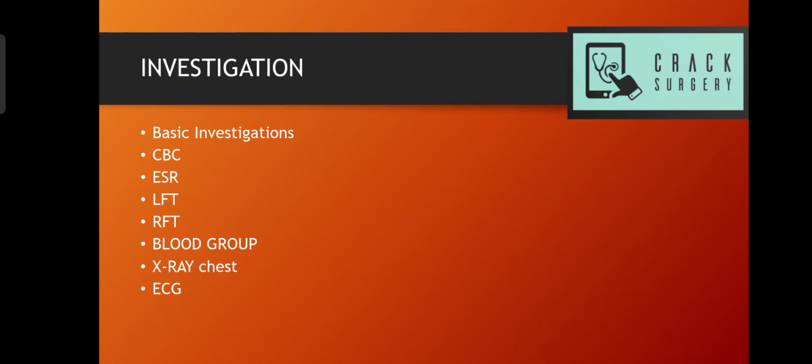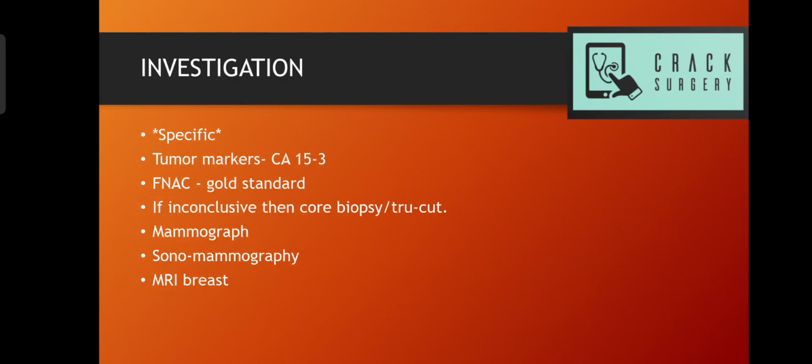The investigations that should be done in CA breast. The basic investigations that we are going to perform are CBC, ESR, LFT, KFT, blood grouping, X-ray, and ECG. The specific investigation: the tumor marker CA15-3, or FNAC, fine needle aspiration cytology.